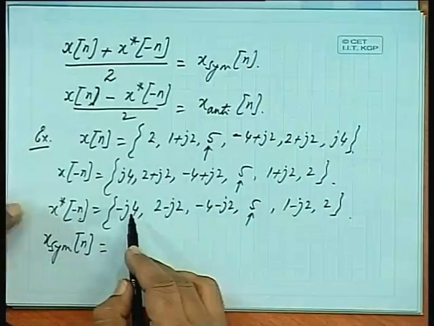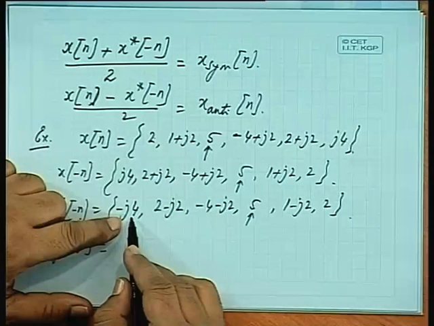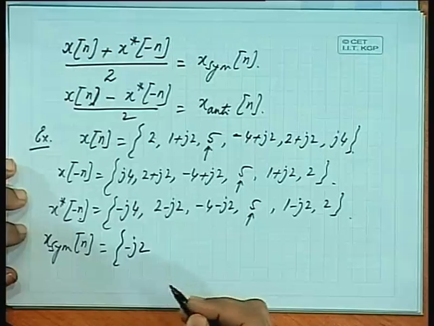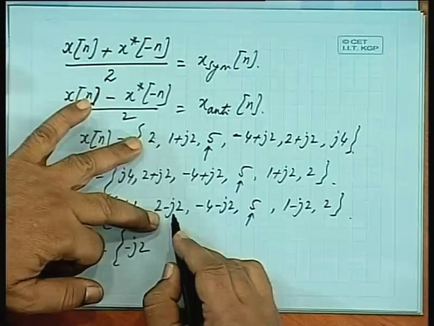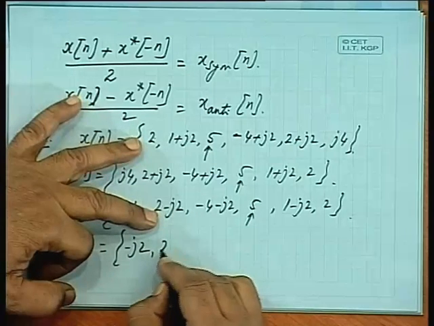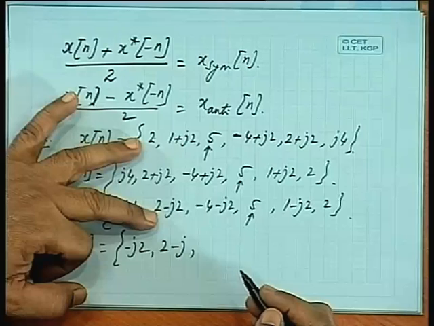So, this does not have any counterpart here, so this divided by 2, so minus j2. Okay. Then 2 minus j2 plus 2 divided by 2, so 4 minus j2 by 2, so 2 minus j. Correct me if I am wrong.